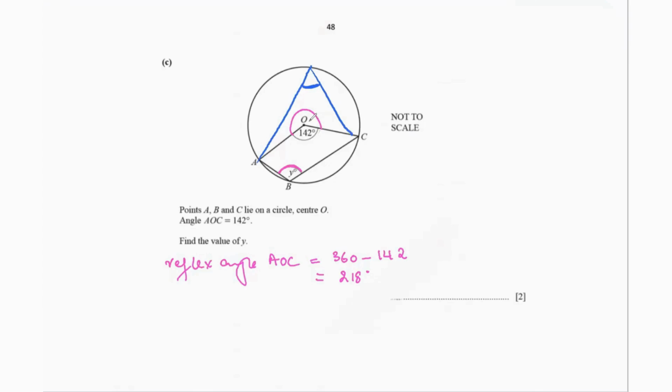Now the angle at the center is twice the angle at the circumference, which means y is going to be half of 218, which is 109 degrees. Again, you need to see the direction of your angles. The angle at the center is twice the angle at the circumference. This is for this. And if it's on the opposite side, it's this and the reflex angle. If you don't get this right, you won't get the marks for this one.